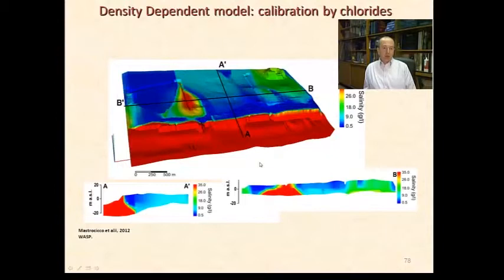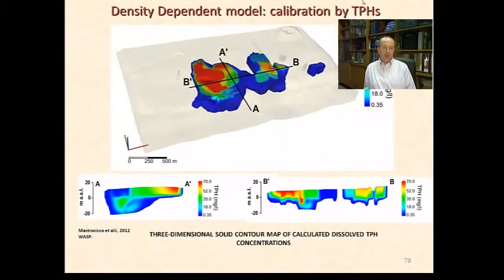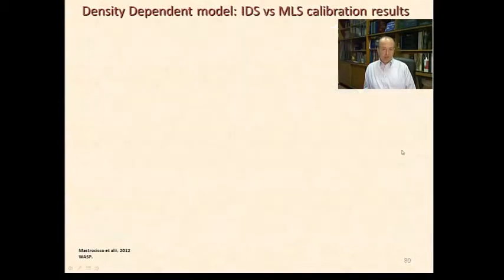This model has to be calibrated before you can use it for your remediation plan. And we calibrate the model about chlorides, and of course we also calibrate the model about the total petroleum hydrocarbons. How to calibrate?